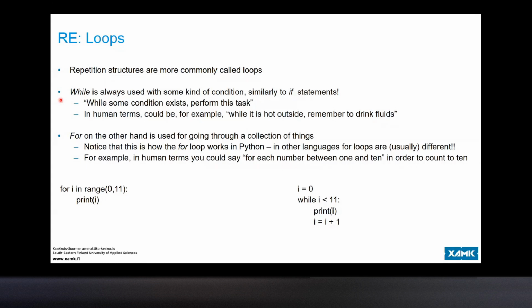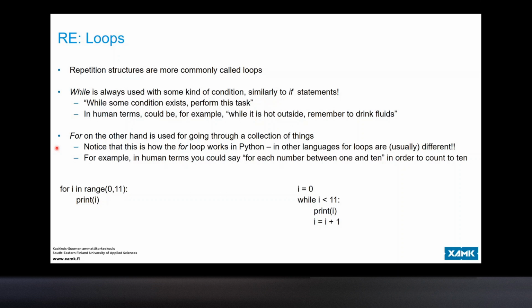So for example, in human terms, you would say something like while something, then we do something, and that's what you can see in the syntax as well. For, on the other hand, was used for going through a collection of things, and that was the thing about Python. In Python, the for loops works a little bit differently to other languages.